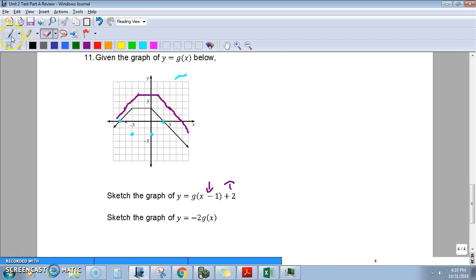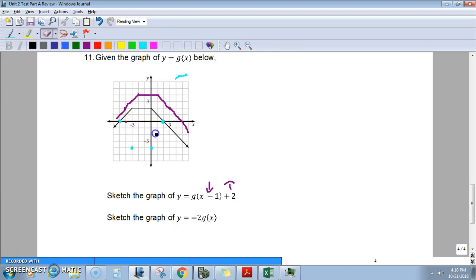So I've flipped it over, but I still have to stretch it by 2. So that means each output is also going to be multiplied by 2. So this was down 2, but if I stretch it by 2, it's actually going to be down 4. Same here. This was 0, so those don't get changed.